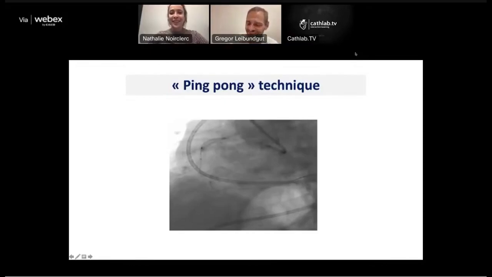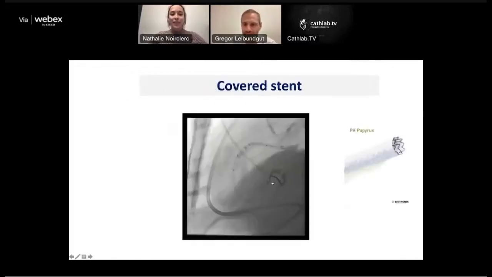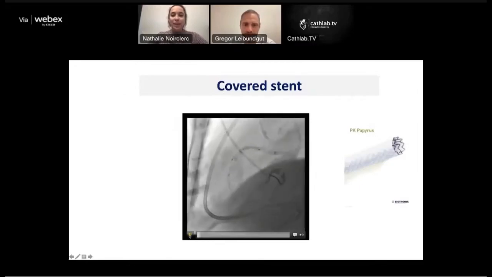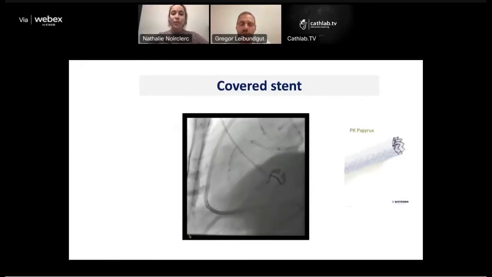Yes, sure. So if we move to the next slide, you can see the advancements of the covered stent, which was pretty hard. We had to use a guiding extension because the profile was not that good. And if you go to the next slide again.